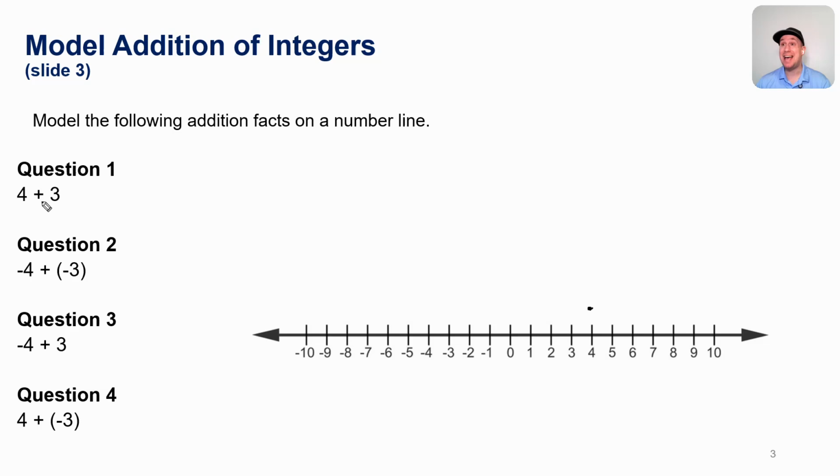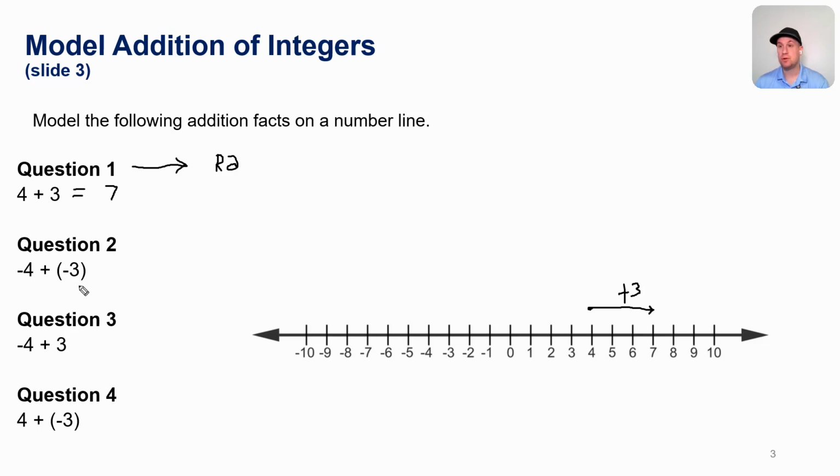So this is adding a positive. Adding a positive increases your overall value. So you are starting at 4 and then you're adding $3 or 3 units worth of value and you end up at a positive 7. In other words, this is a rule number 2 type problem, adding a positive.